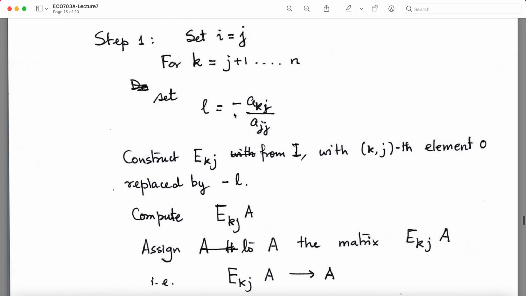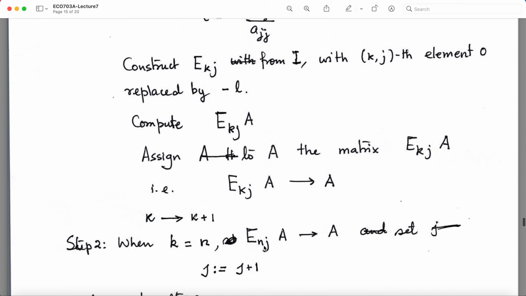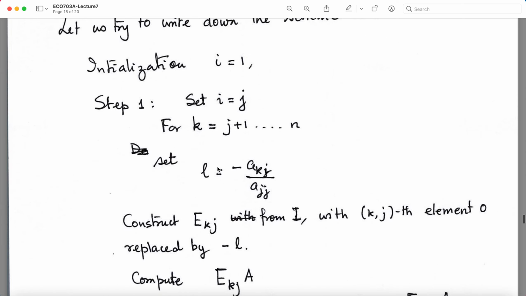Now J plus 1 will become J plus 2 and again do the same operation till you reach N. So when K is equal to N, you have ENJ A. A is again assigned to A, and now you set this J to J plus 1.